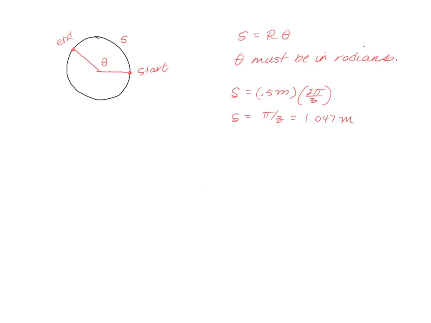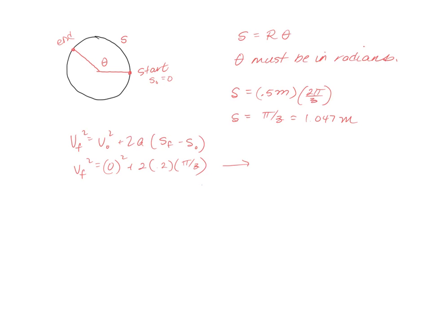Now we're going to go back to our kinematics, using v final squared equals v0 squared plus 2a, and instead of x or y, because I'm dealing with s, I'm going to use s final minus s0. I'm going to take s0 to be 0. When we pop our numbers in, v final squared equals, it starts with an initial velocity of 0, the tangential acceleration we were given is 0.2, and s final was pi over 3 meters.